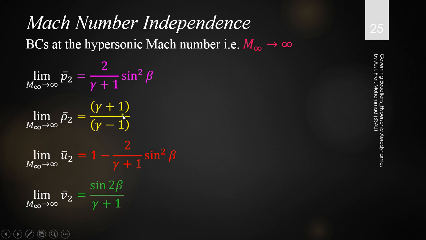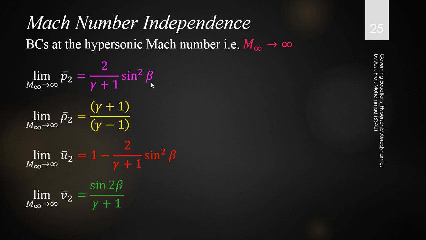The density ratio still seems to be affected by beta, and beta will keep varying, but it takes a constant value, equal to 6 if gamma is equal to 1.4 for air. Beta may inject the influence of the Mach number into the pressure and the velocity, but actually beta is also taking a constant value.